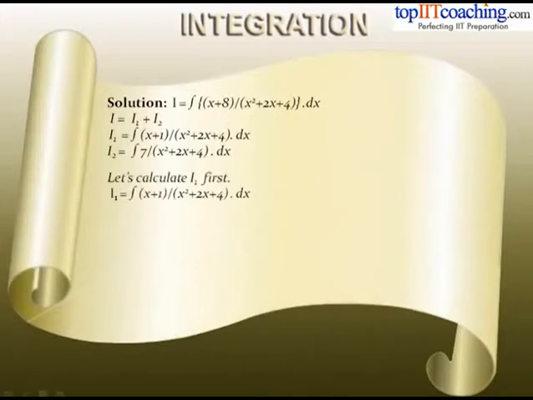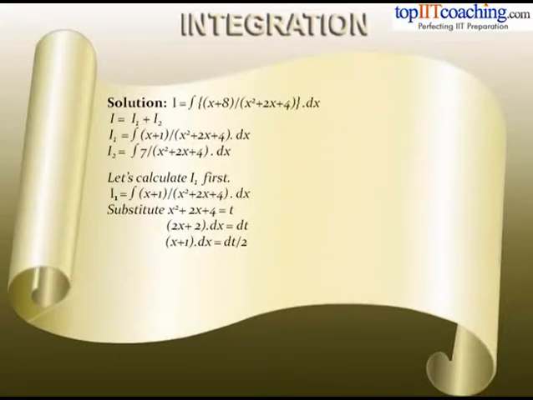Now let's calculate the first integral I1, which is the integral of x plus 1 divided by x square plus 2x plus 4. We make a substitution: x square plus 2x plus 4 equal to t. We differentiate both sides to get (2x plus 2) dx equal to dt, or (x plus 1) dx equal to dt by 2.